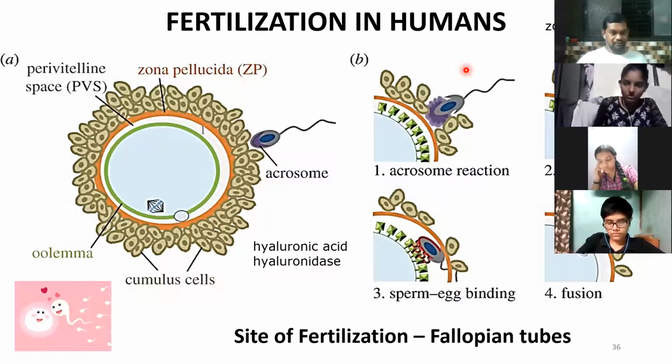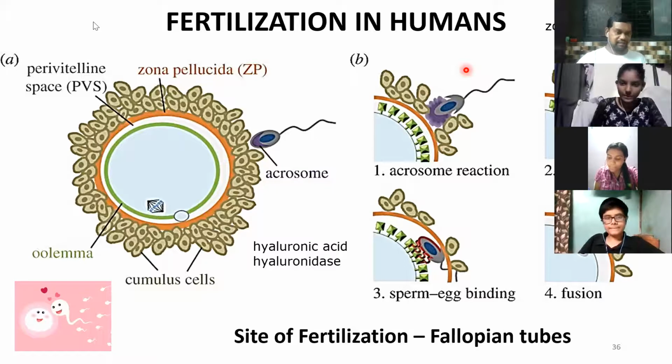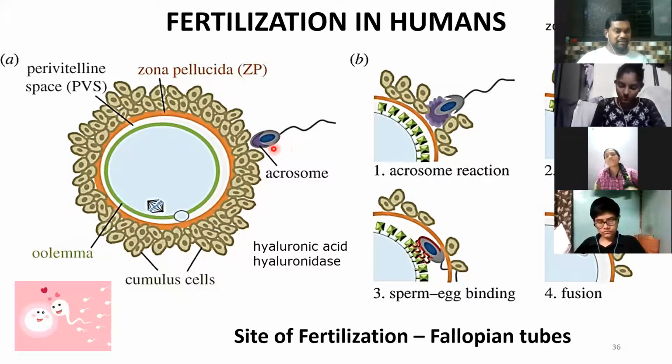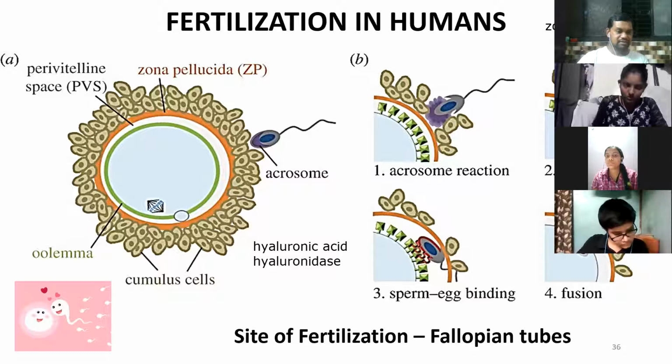Okay, now in the beginning we had said that the female gamete is actually the secondary oocyte. Till the time the sperm head enters the corona radiata, it remains as secondary oocyte. As soon as one of the sperms enters the zona pellucida, it is like that sperm is the winner.